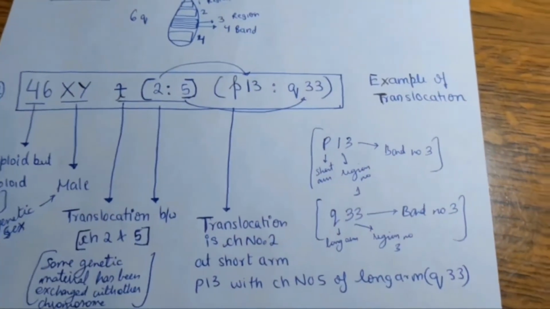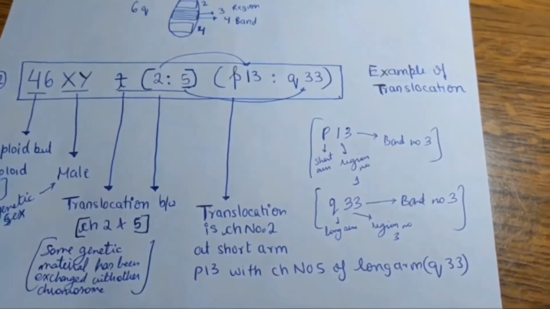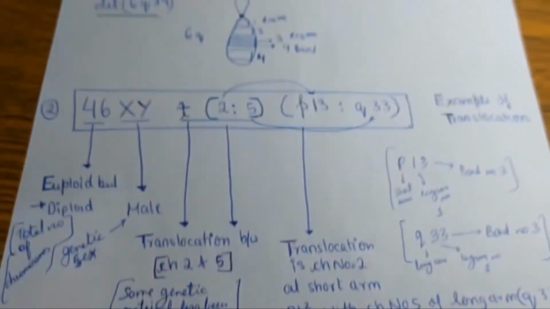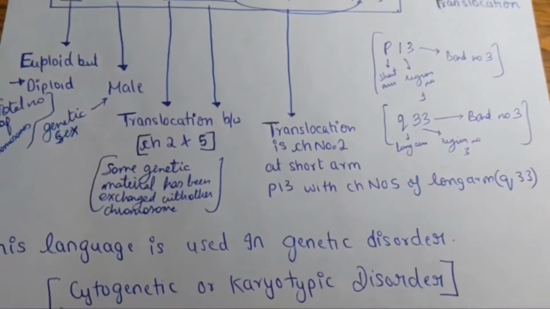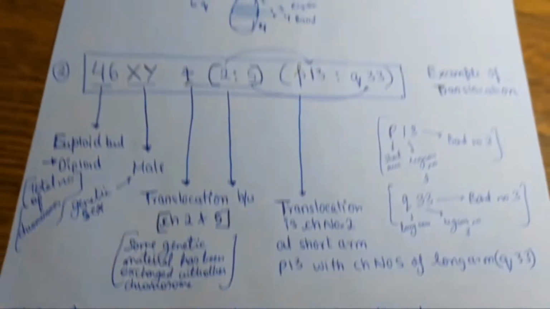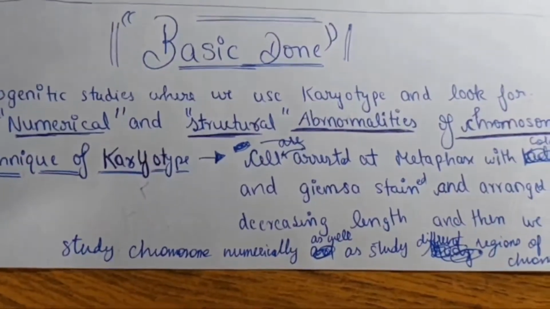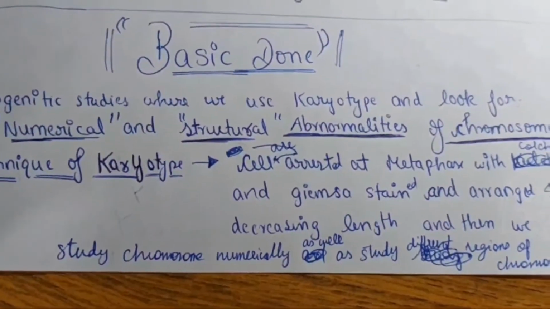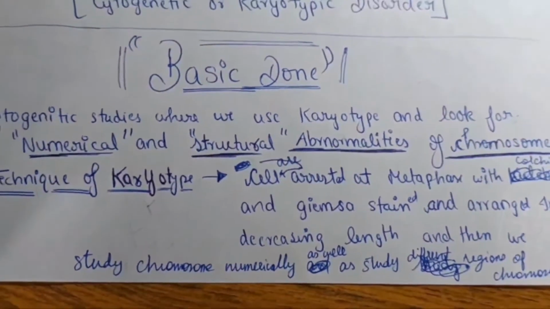So this is how you decipher such genetic information, and this is an example of a translocation defect. This kind of language is used in genetic disorders of cytogenetic inheritance, and it is mainly deciphered with the help of karyotypic studies.